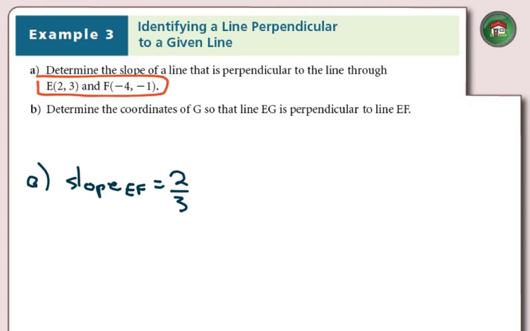However, the question's asking us for the slope of a line that's perpendicular. So now that we know that EF has a slope of 2/3, we can find the perpendicular slope. That would be the negative reciprocal, change the sign, flip the fraction. So the slope of a perpendicular would be -3/2.